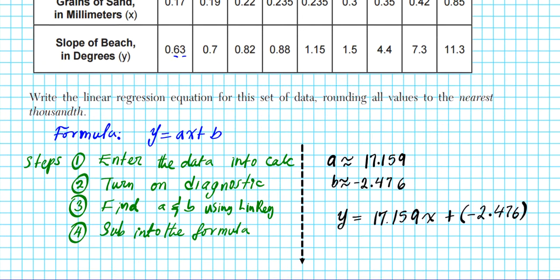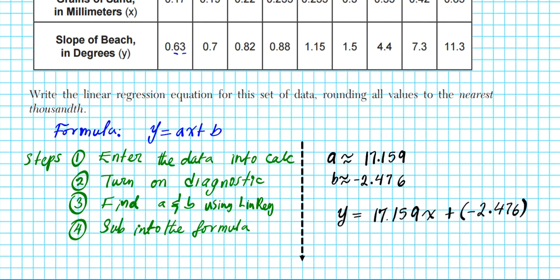Well, we can simplify this a little bit more. What is minus times plus? Since the signs are different, you always end up with a minus, right? So your linear regression equation in its simplified state is 17.159x minus 2.476. Okay, so there you have it.